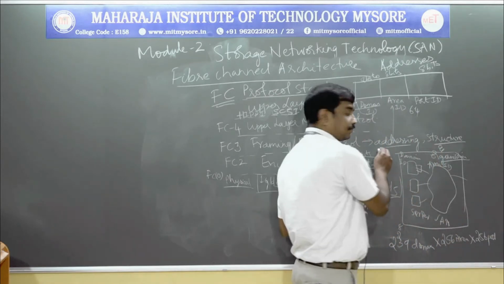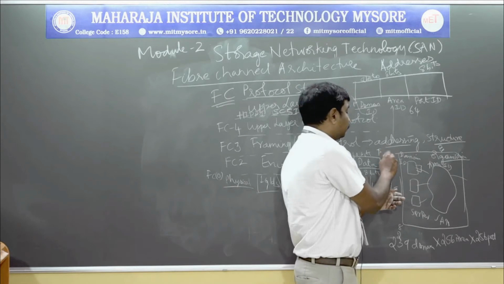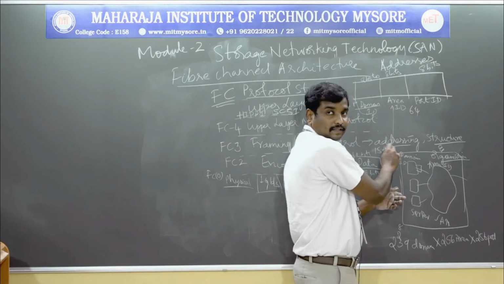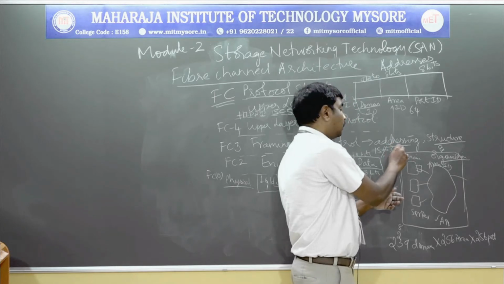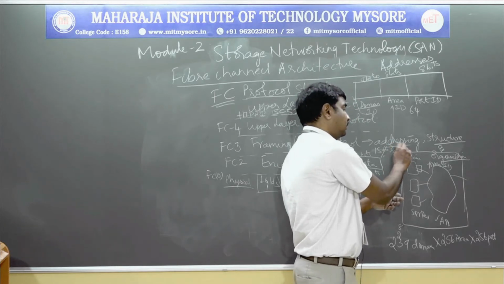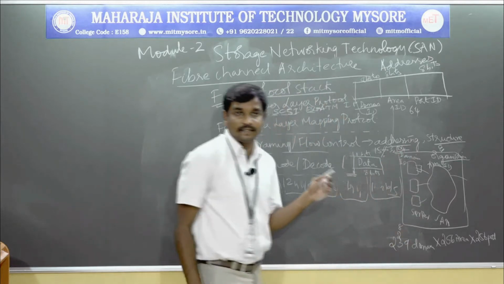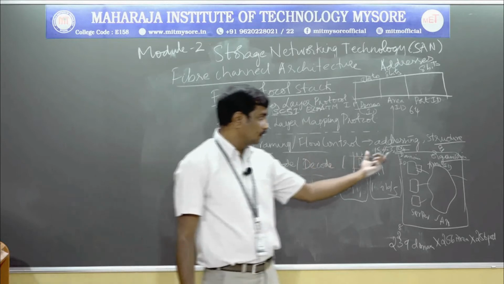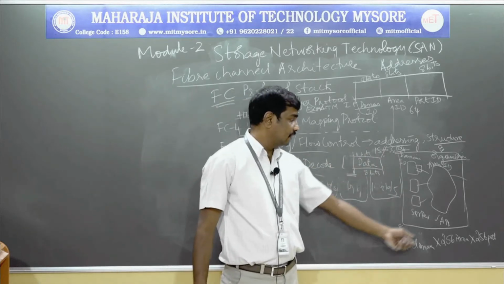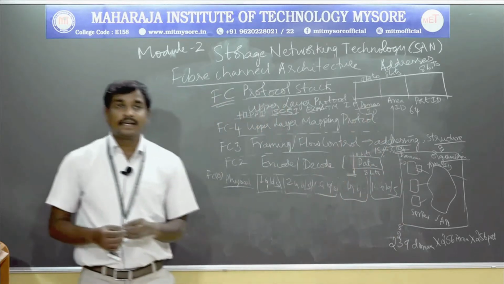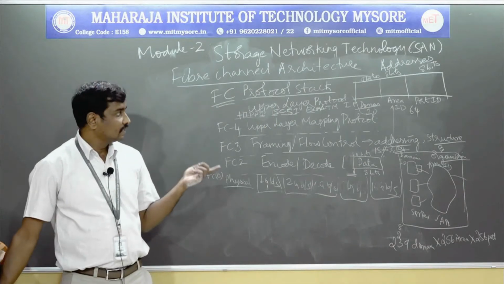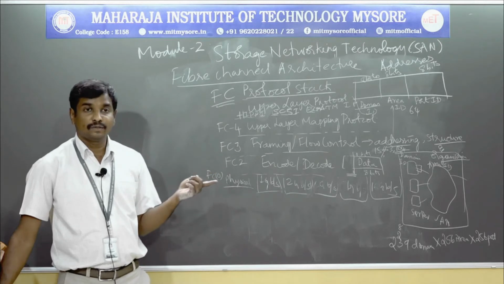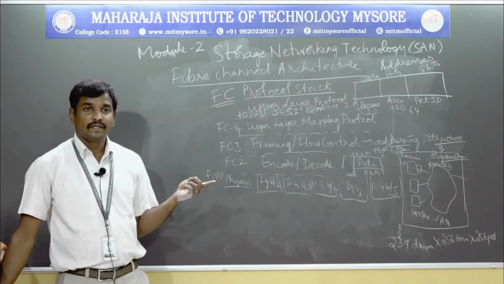In total, around 15 million 663 thousand. This is the number of devices we can connect. That means this many connections can be made using this addressing. Like that we can classify the addressing of each device in the storage area network.